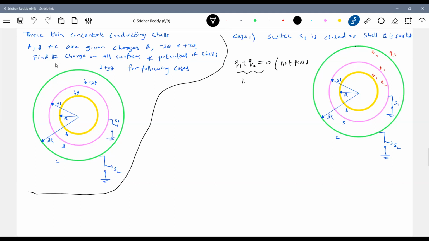Net field in the material of shell B must be 0. Similarly, Q1 plus Q2 plus Q3 plus Q4 equals 0.